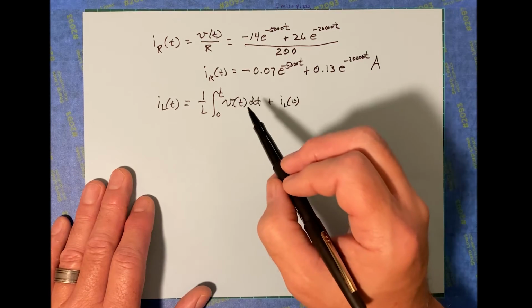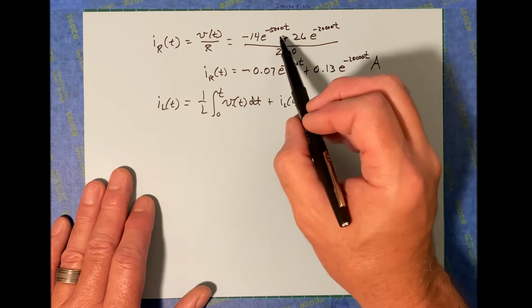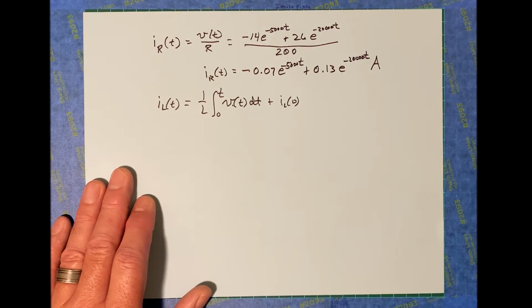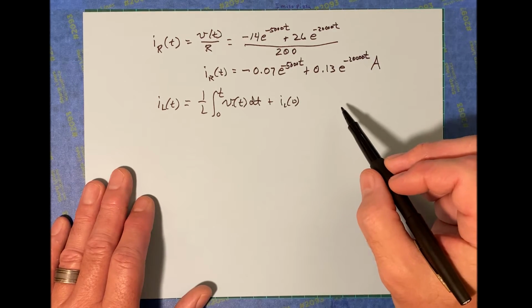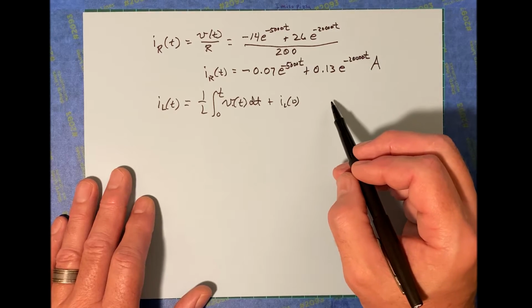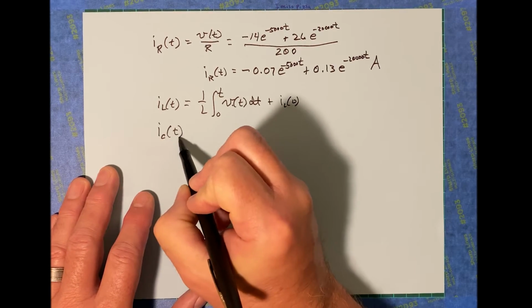You take your voltage function, the negative 14, that's on top of that expression, plug it in here and do the integral, and you can find that. So you could get an expression for I sub L. But let's pause for a minute, not do that at the moment. Instead, let's go on and find I sub C of t.